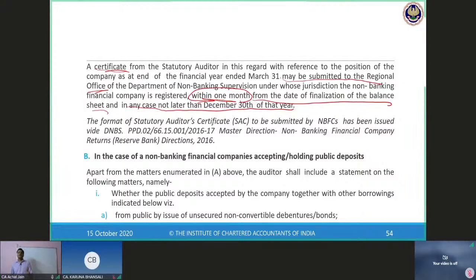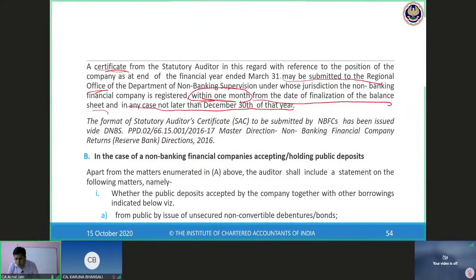So in case, let's suppose the reporting year is 31st March 20, and let's suppose the financial statements are finalized on 31st of July. So this certificate should go to this regional office within 1 month. That means by 31st of August. Even if it's delayed, it cannot go beyond 31st of December 2020. So that's the upper limit for this reporting requirement.